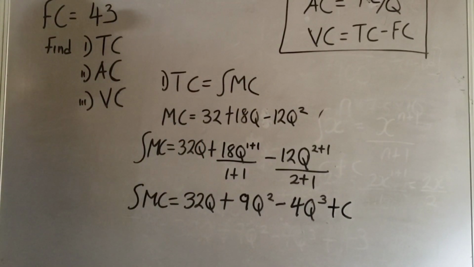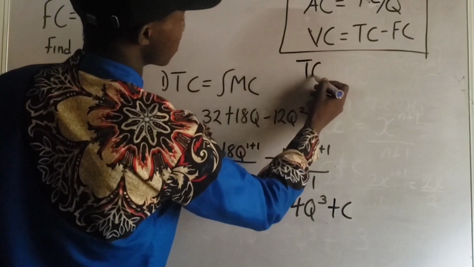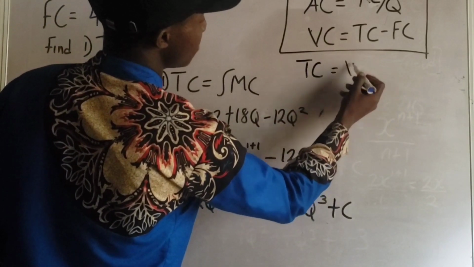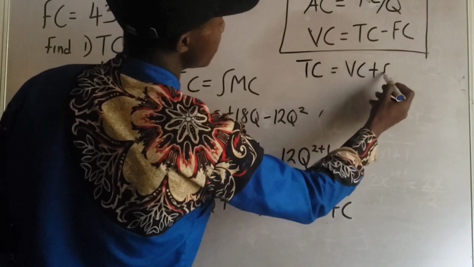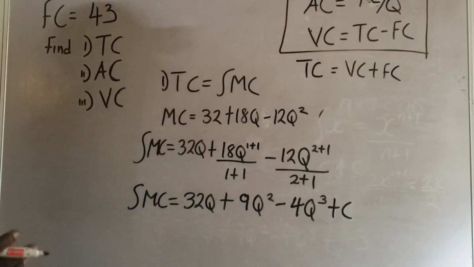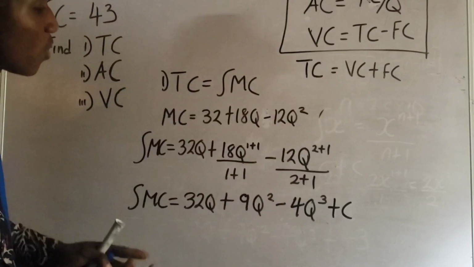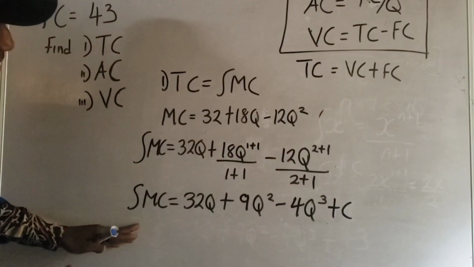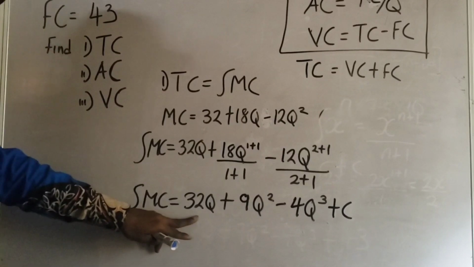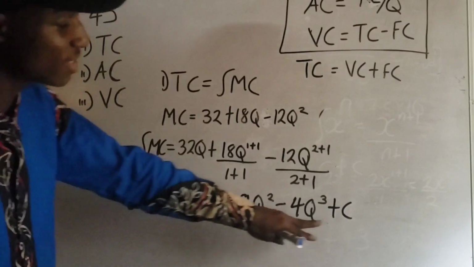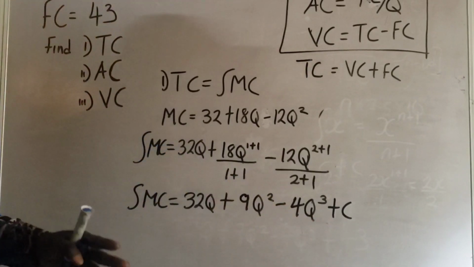Now don't forget that the total cost is equal to the variable cost plus fixed cost. The total cost is the integral of the marginal cost, and it can also be represented as variable cost plus fixed cost. Now, if you look at this integral form of marginal cost, you can see that there is a constant term. The constant term is the fixed cost.